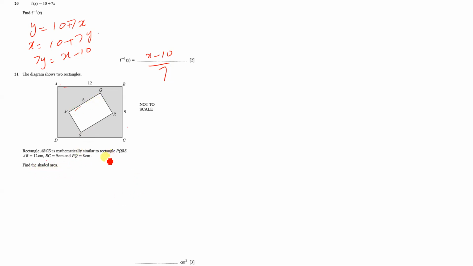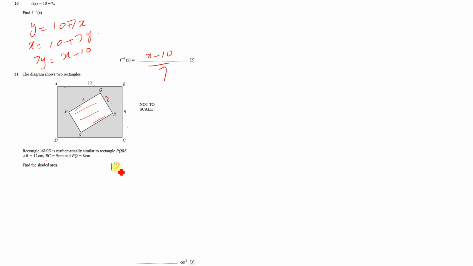Find the shaded area. In order to find the shaded area, we have to find the area of ABCD and the area of PQRS, and by subtracting we'll have the area of the shaded region. To find the area of PQRS, we have to find the length of this side, that is QR. Since both the rectangles are similar, we can use the condition of similarity.